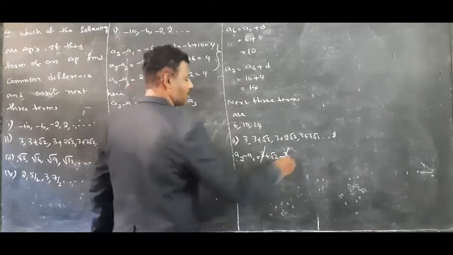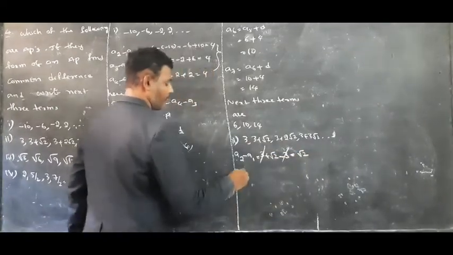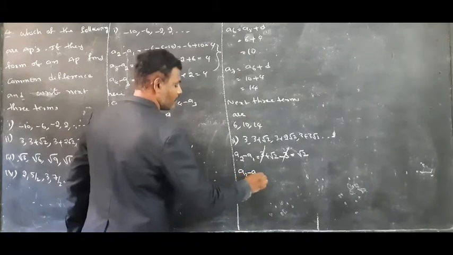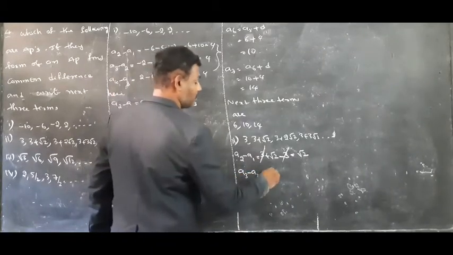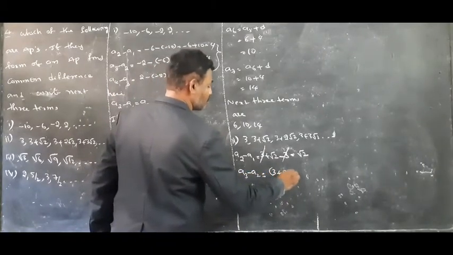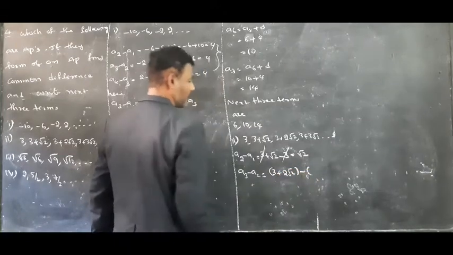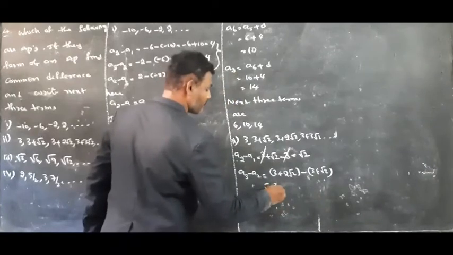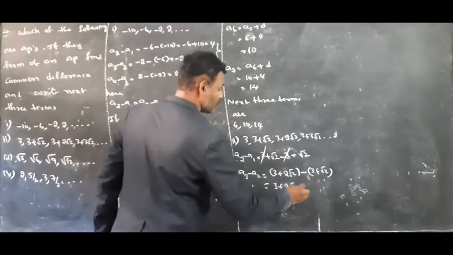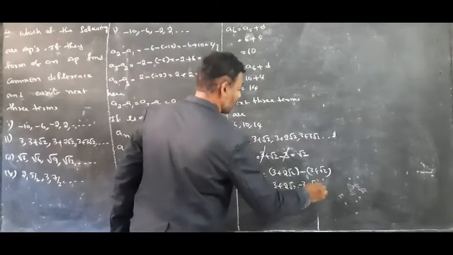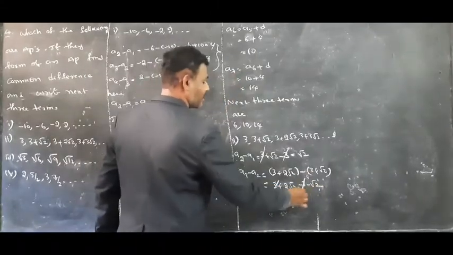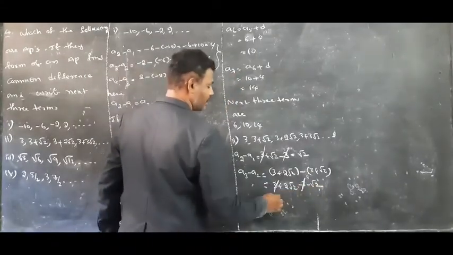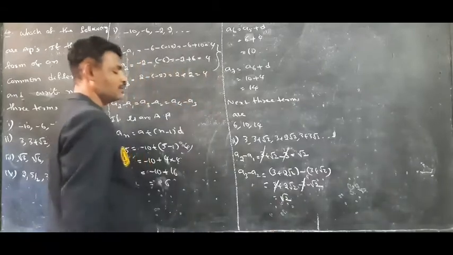The 3 and minus 3 cancel, so it is root 2. Next, A3 minus A2. A3, the third term, is 3 plus 2 root 2 minus the second term, 3 plus root 2. It means 3 plus 2 root 2 minus 3 minus root 2. The 3 and minus 3 cancel, leaving 2 root 2 minus 1 root 2. What is the answer? Root 2.